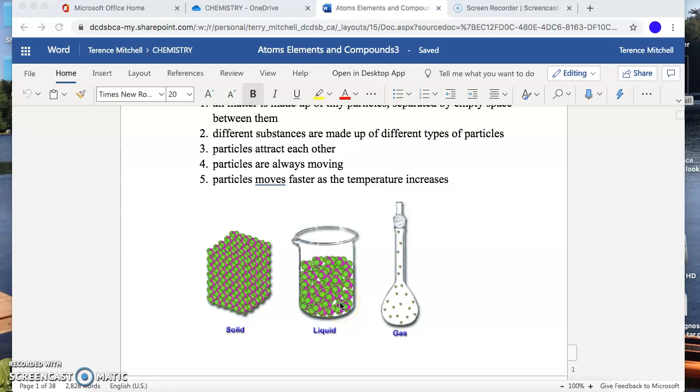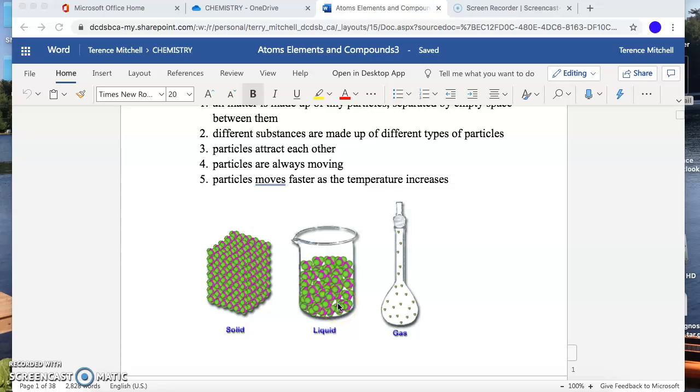In liquid form, the molecules are still very densely packed together. In this case, if this was water, they're moving a little bit faster because they are warmer. They take the shape of the container. So we can see here that these molecules are filling the shape of the container.